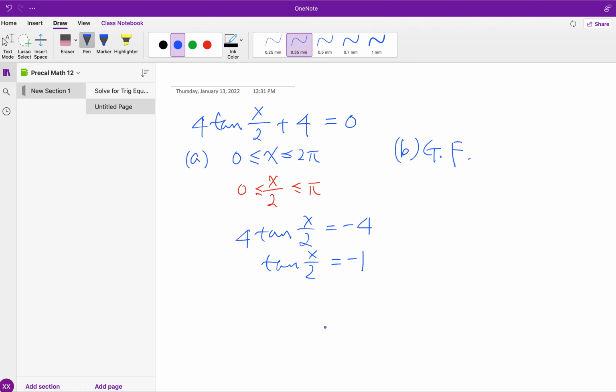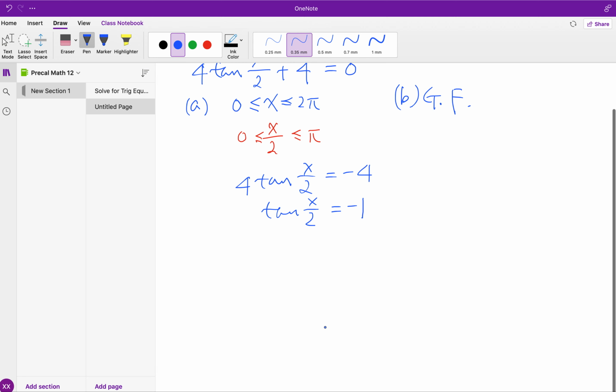So when this is negative 1, we understand that x over 2 would have two solutions, because tangent is negative in the second and the fourth quadrant.